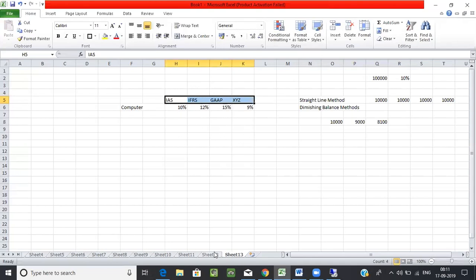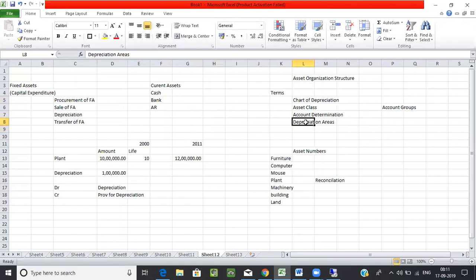So depreciation area is nothing but calculating the depreciation as per certain principle. It takes care of the depreciation calculation procedure. Under chart of depreciation, we may have multiple depreciation areas. Any questions?